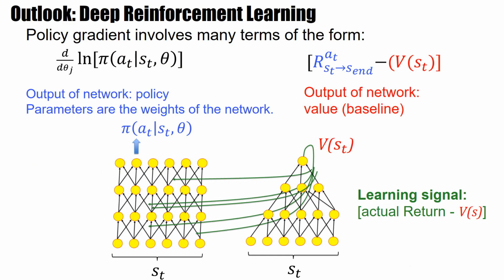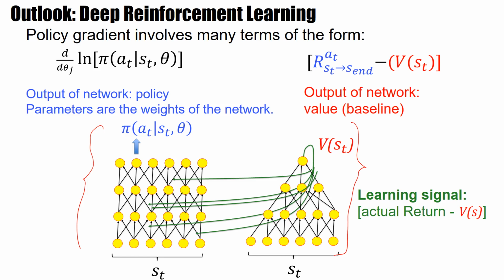So let's have this quick outlook into deep reinforcement learning. In deep reinforcement learning, you often have a structure where you have an actor part that has an output that is the policy, the probability of choosing a certain action. Then you have a critic part, the output is the value.